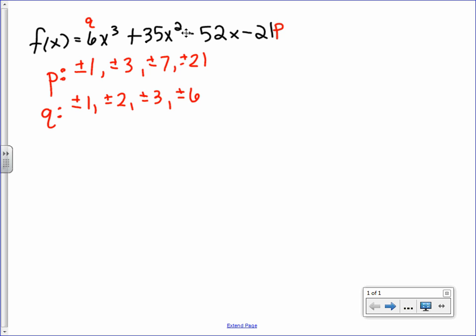By the way, how many solutions does this problem have? 3. Okay, and if I use Descartes' rule of signs, it has one sign change, so it has at least one positive root.